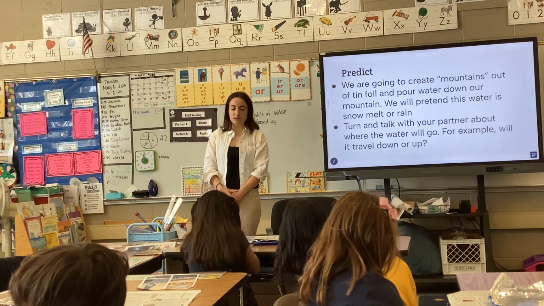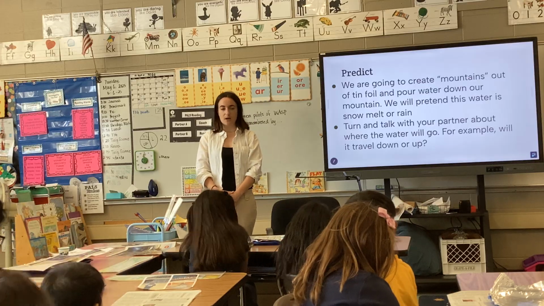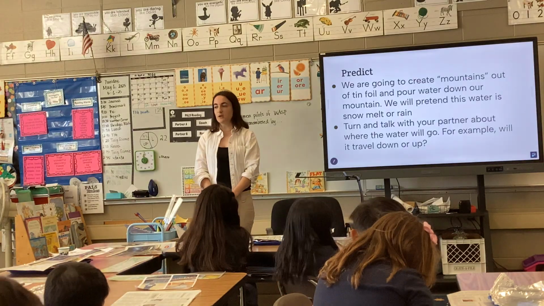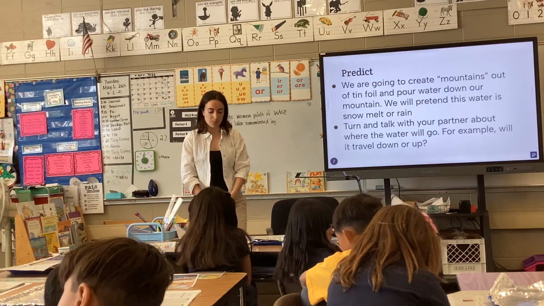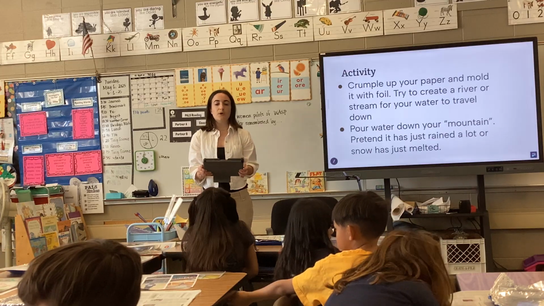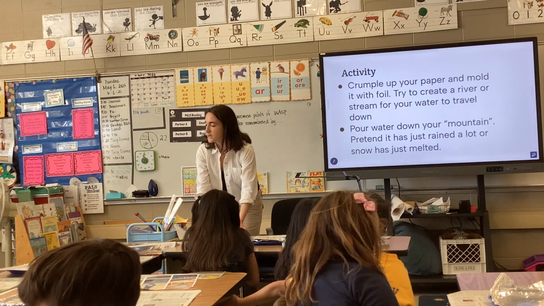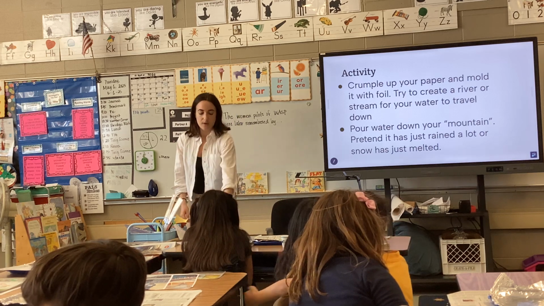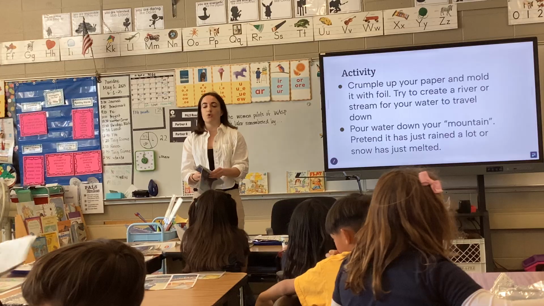So my next task is for you to turn and talk about where the water will go. But it looks like we already were able to do that in this conversation, so we're going to go on to our activity. What we're going to do, everyone, is take our newspaper and crumple it up.